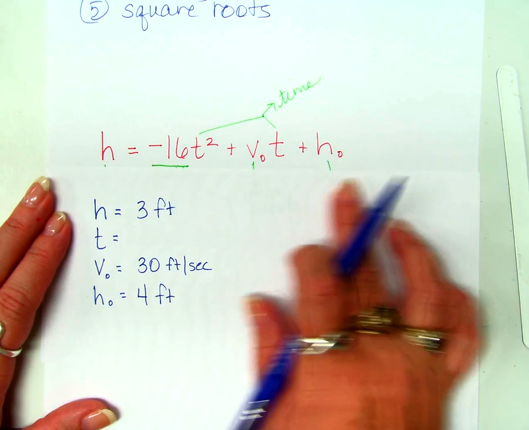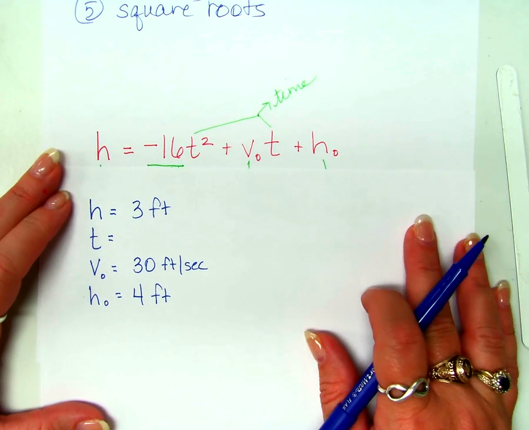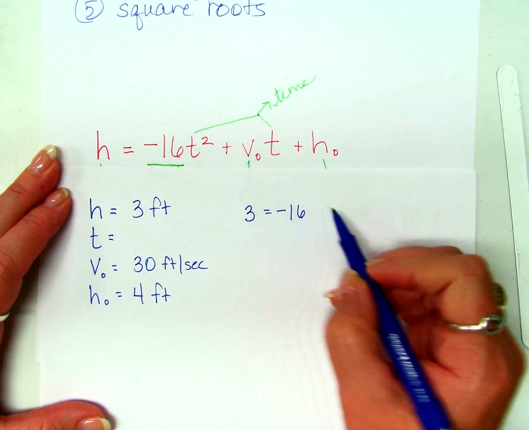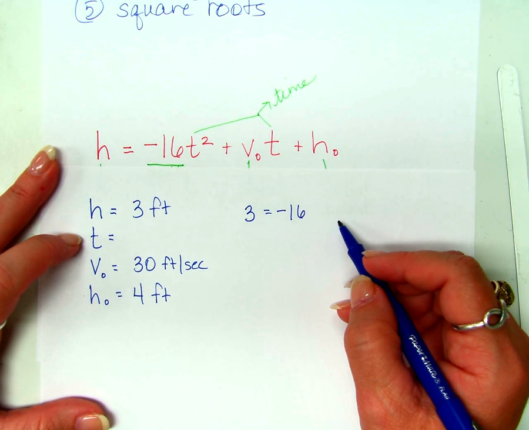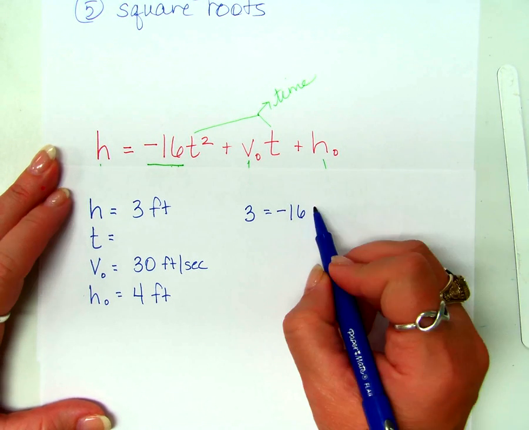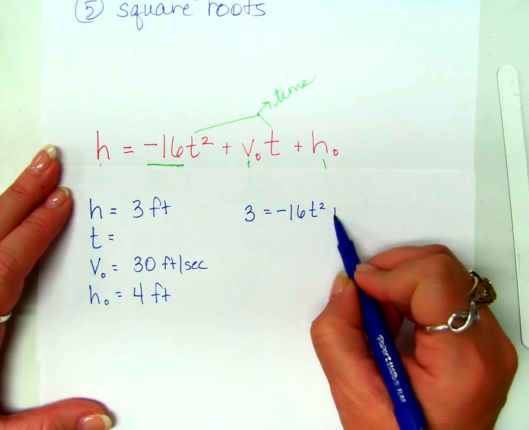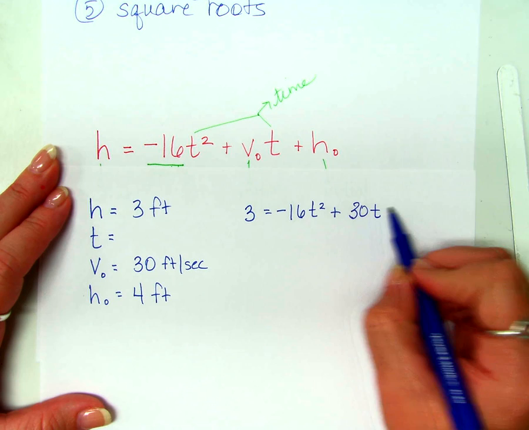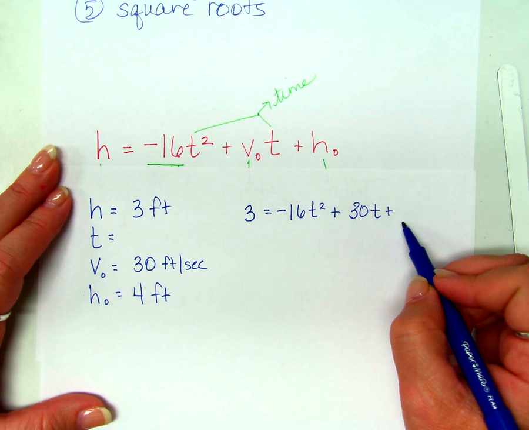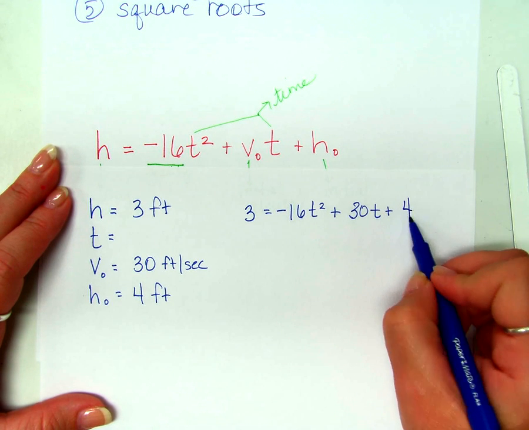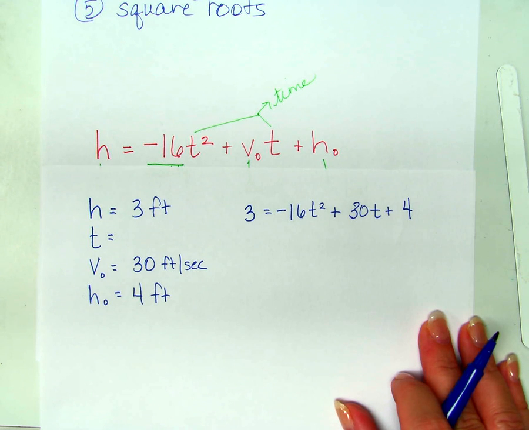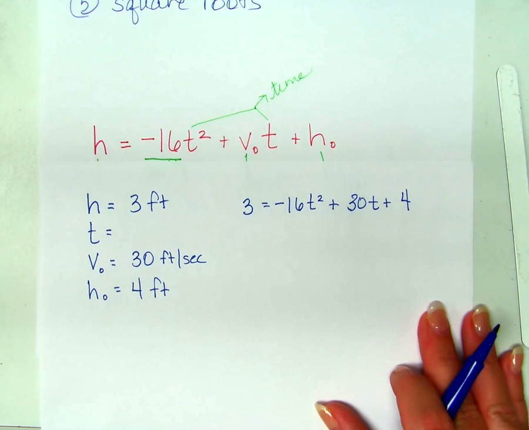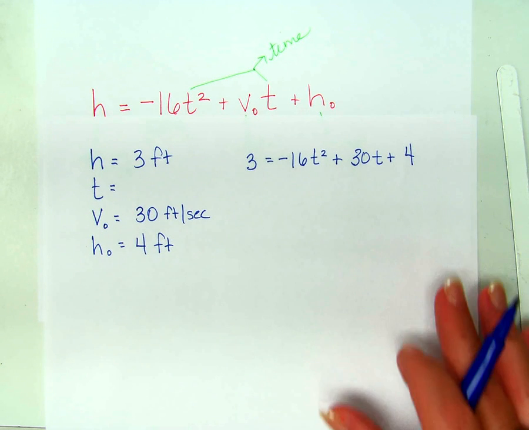So let's fill in what we know into this formula. H is 3. Negative 16 is just part of it, it's just there. What about T? I don't know it. Negative 16T squared plus 30T plus 4. What should I do? Tell me why you would add 16T to both sides.